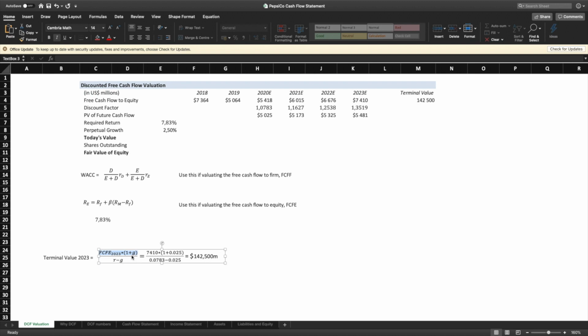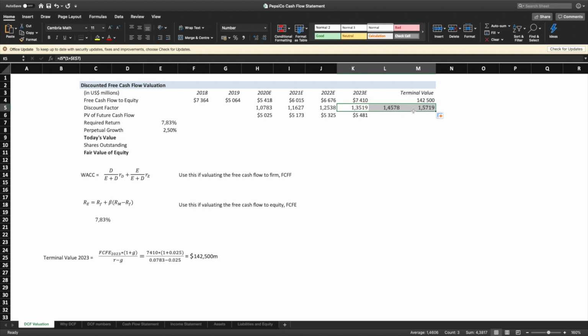So this is the terminal value of 2023, not the terminal value of 2024 like the cash flow. This is the cash flow of year 2024. That is a distinction I felt it's quite good to put out there so we don't have any misconceptions about what we're actually doing right here.